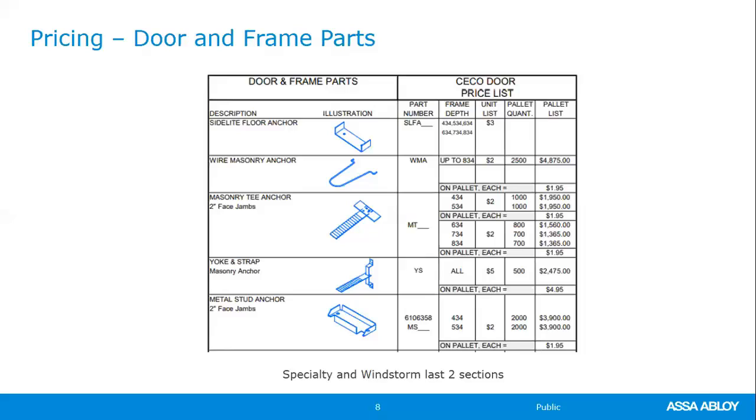So if you get into a situation where you're having trouble with the price book, please reach out to your DSS sales rep, talk to them and they'll get you in touch with the right people at Ceco, or you can talk to your Ceco customer service person and they can point you in the right direction to our engineering department.